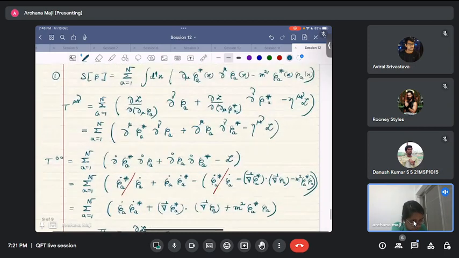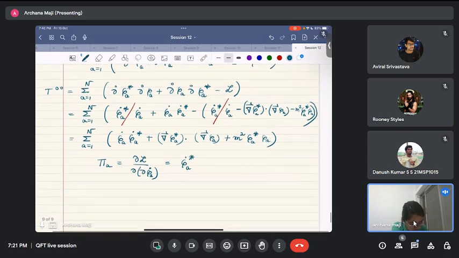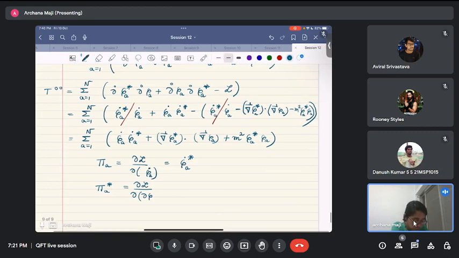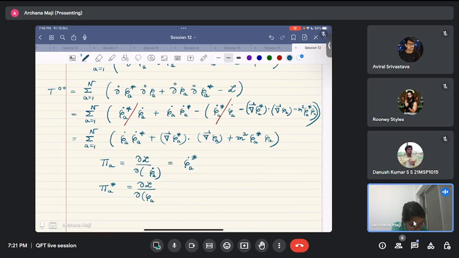So from the Lagrangian we can see this is nothing but phi A dot star, and conjugate momentum corresponding to field phi star, I mean derivative with respect to del 0 phi A, which is nothing but phi A dot. So this is phi A dot star.